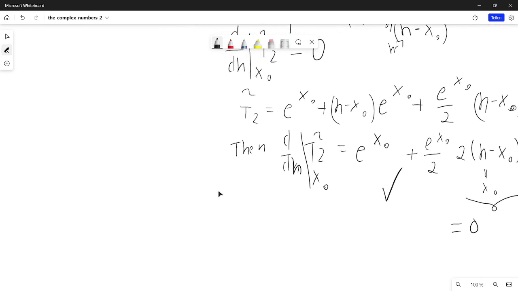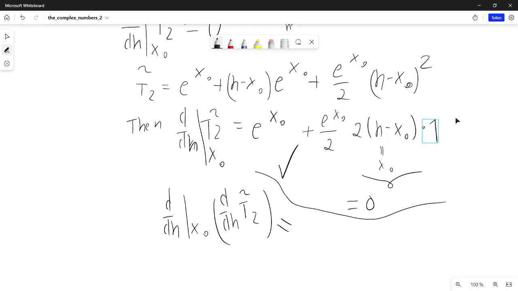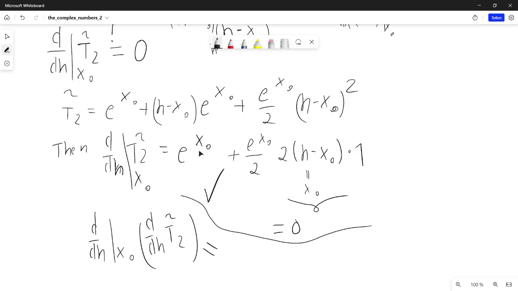But does the second derivative work? Well, dh x0 dh h tilde is equal, we already saw that because of the first derivative only that remained. So if we differentiate that, this eliminates, right?